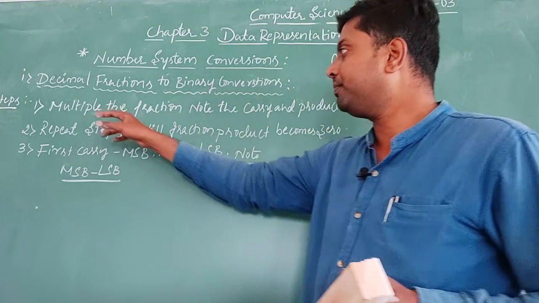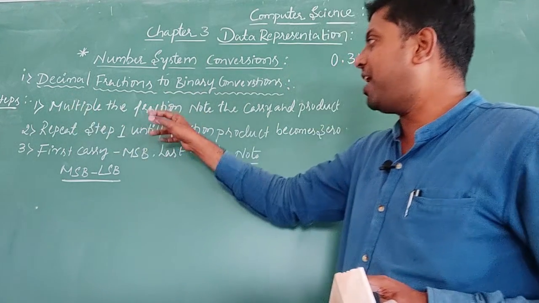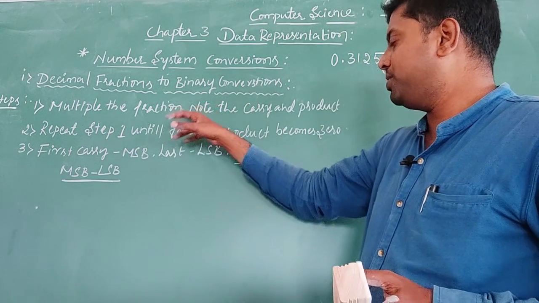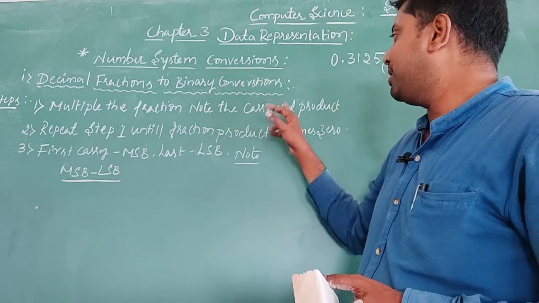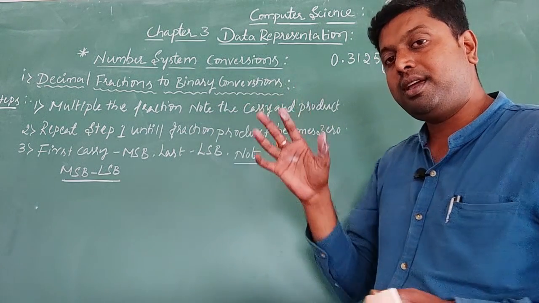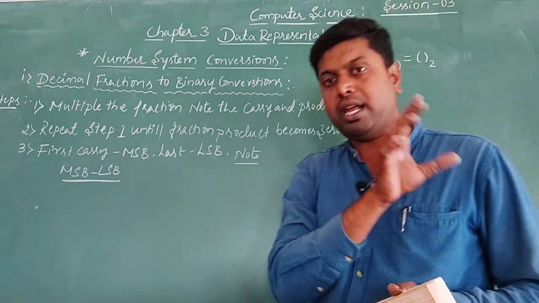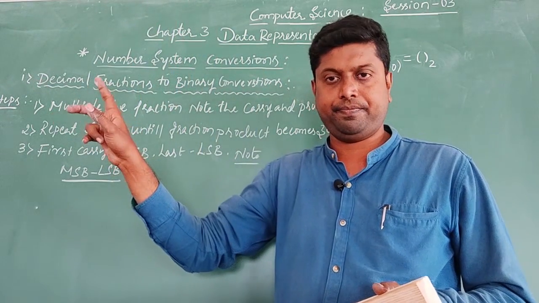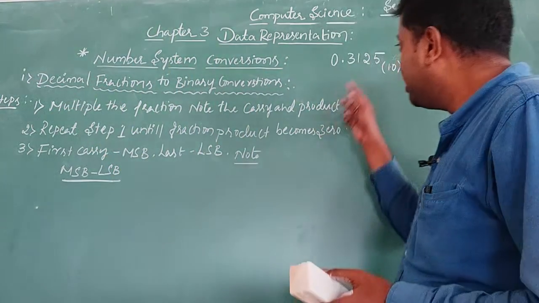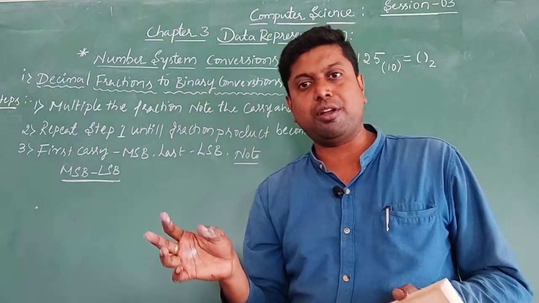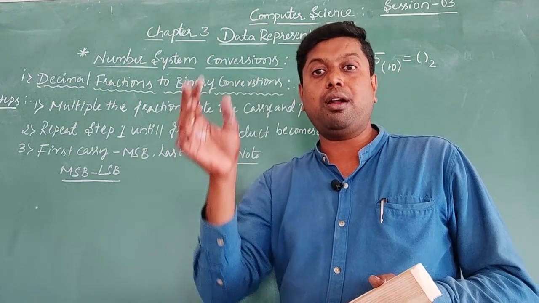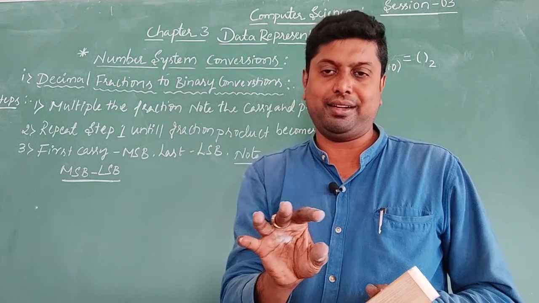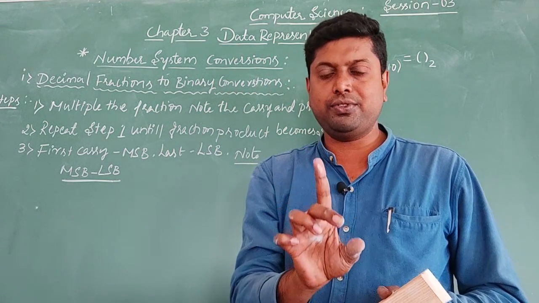See here. Multiply the fraction of the decimal number, and note the carry and the product. See, when we are converting a normal decimal number, there we use the dividing method. But here now we are using fraction numbers, that's why we use the multiply method. Don't get confused here.